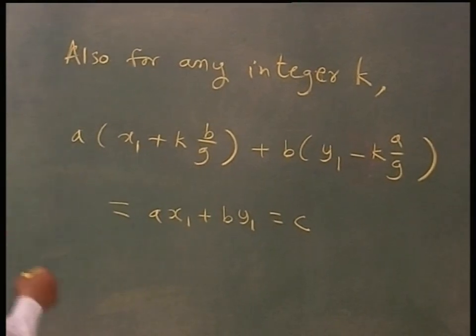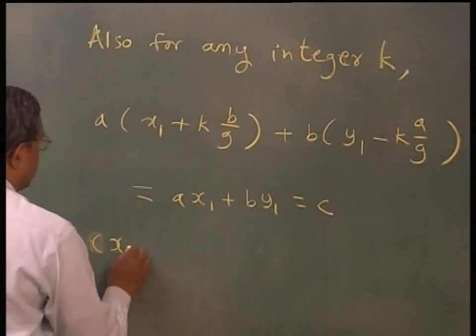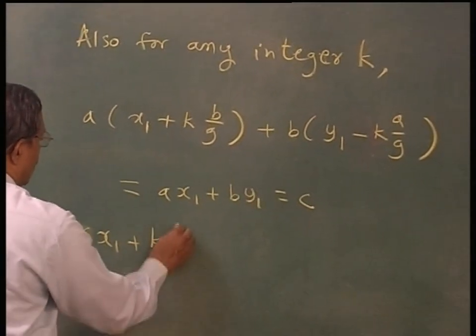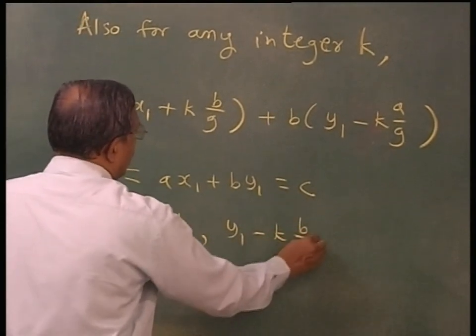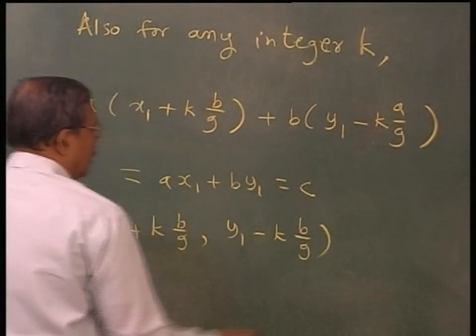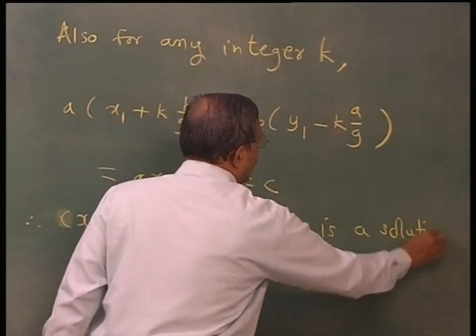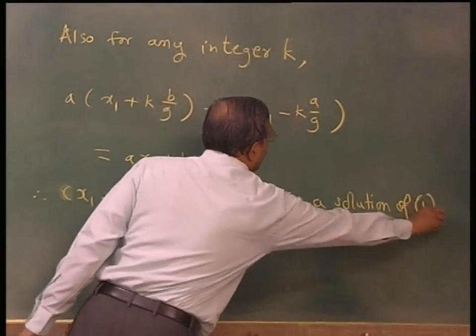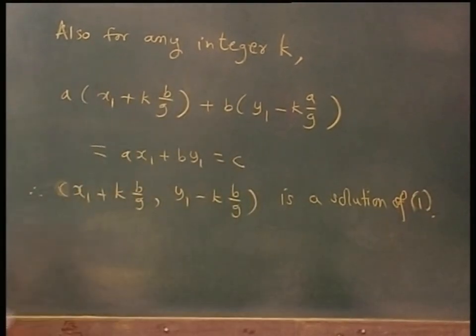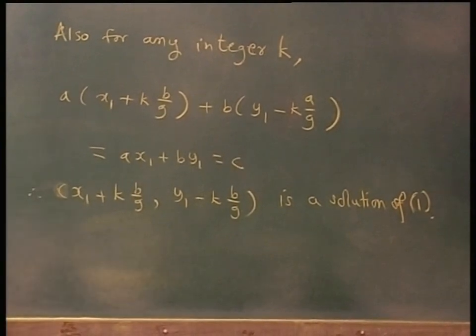That means this is the solution. Therefore, x1 plus k b by g, y1 minus k a by g is the solution of 1.